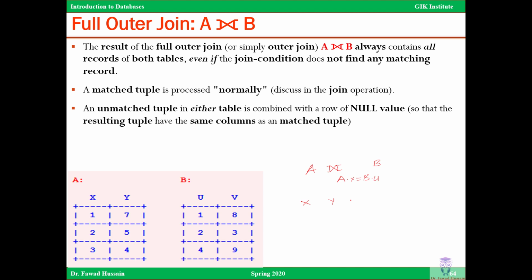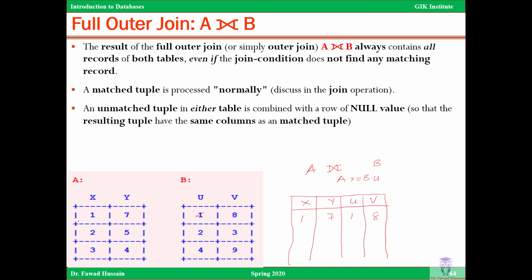So again, I have X, Y, and U and V. In this case, I can take basically any one of the two tables first. So let's take this. I have 1, 7. There's a matching entry, yes. So I'm going to have 1, 8.